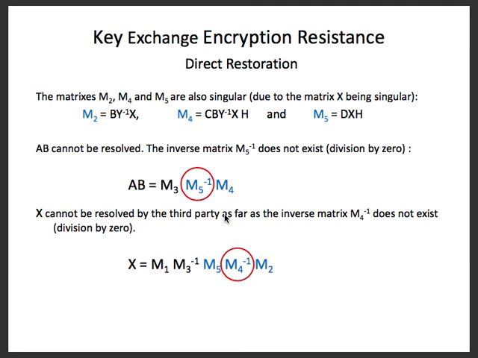They don't have an inverse matrix. It's division by 0. You cannot get rid of them because that is a log of a singular matrix. The same here. You cannot even get this multiplication of matrices just to calculate something. Nothing is available. You don't have a choice.